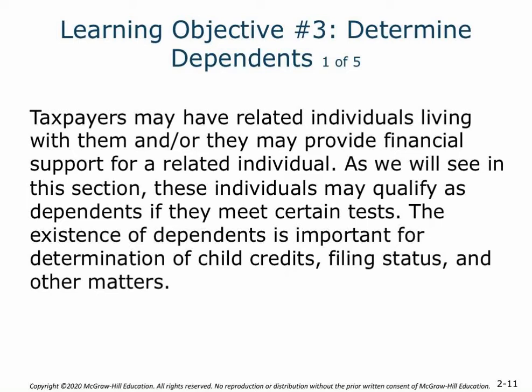And it's important to know, because qualification as a dependent is going to impact whether or not, for example, a child credit can be reported, or what your filing status is going to be, and there are other tax matters that will come up where knowing whether the individual is a dependent or not is going to be important.